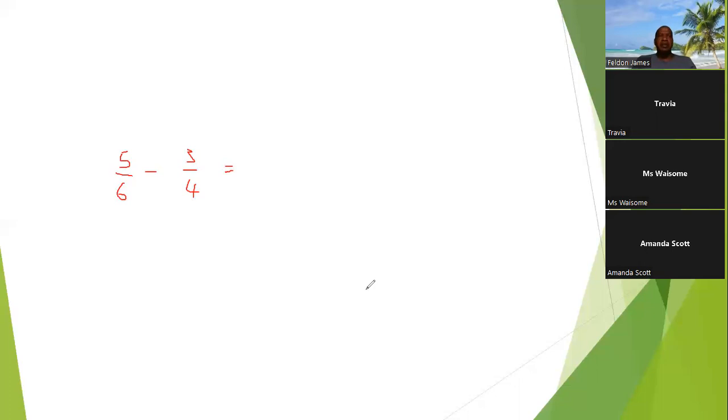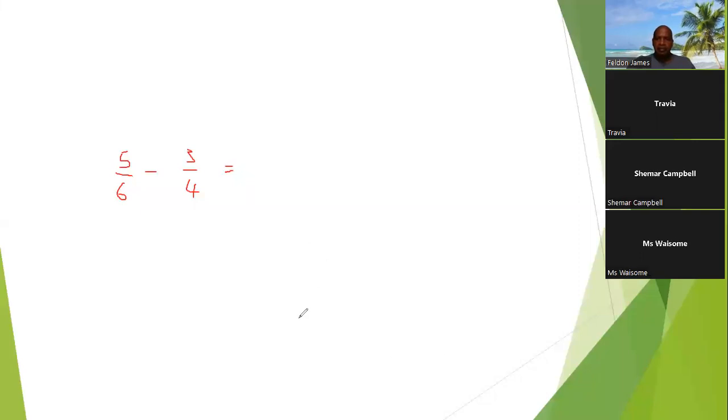What does it mean to be the lowest common multiple, what does that really mean? Sir, the lowest number that the denominators can be divided into. All right, fair enough. But why do we call it the lowest common multiple? Anybody else?